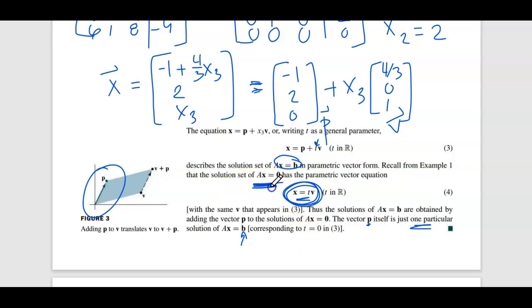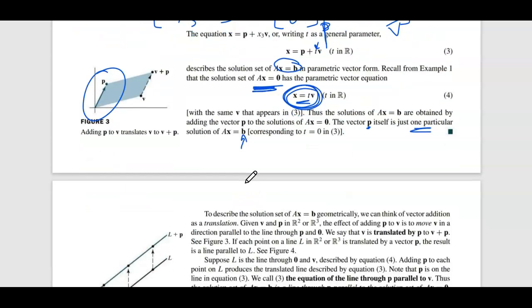That's the solution set for Ax equals 0. If Ax equals b, then this is our particular solution, because if it was 0, then we'd have this other solution. We already found that. So P is the particular solution, because it's equal to b there.